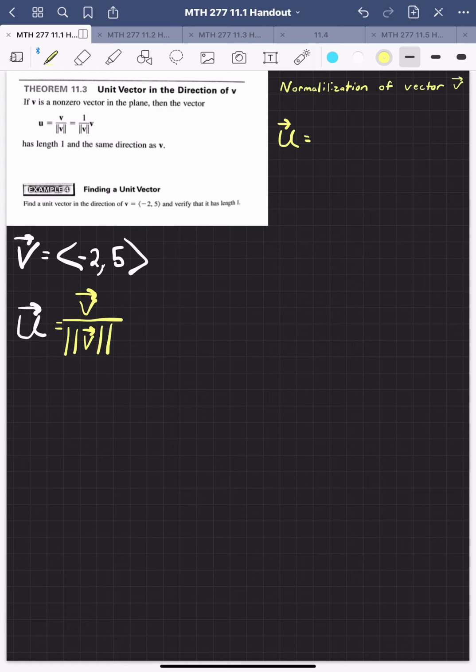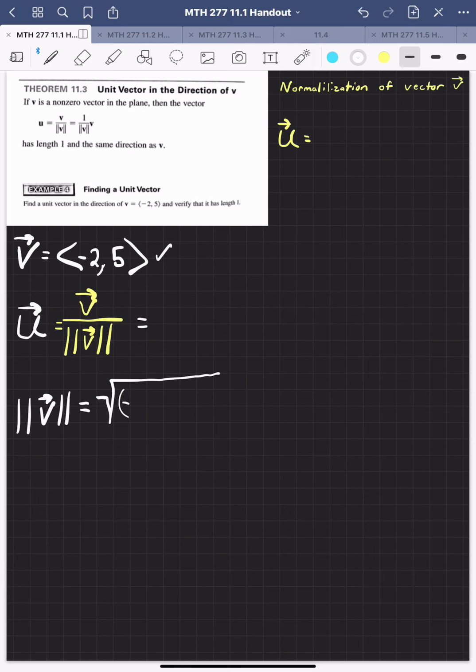All right, let's proceed. We already know v, but what we don't know is the magnitude of v. So let's do that right now. As you recall from a previous formula, the magnitude can be found by taking the square root of the sum of the vector's components squared.